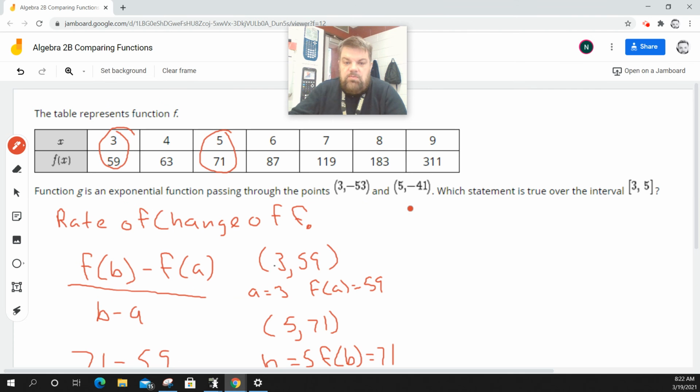And now we got to do the same thing with g. That was f, and so now we got to do the same thing with g. So this would be a, right? And this would be g of a. And this would be b. And this would be g of b.